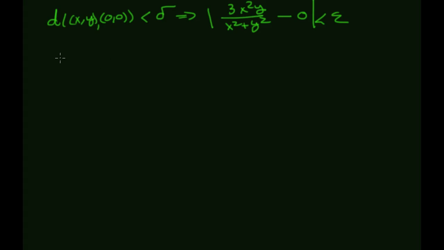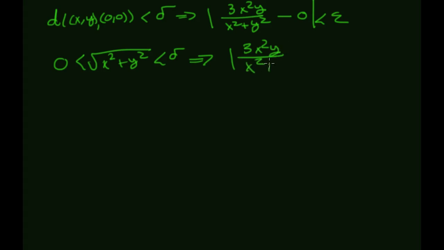So another way you can say this is that 0 is less than the square root of x squared plus y squared, because that's the distance, right? Less than delta, and that's going to be positive. If that's true, then we want this guy, and because that's 0, I can just get rid of it, to be less than epsilon. This is what I want to have happen. So every time this value is less than delta, I want that thing to be less than epsilon.